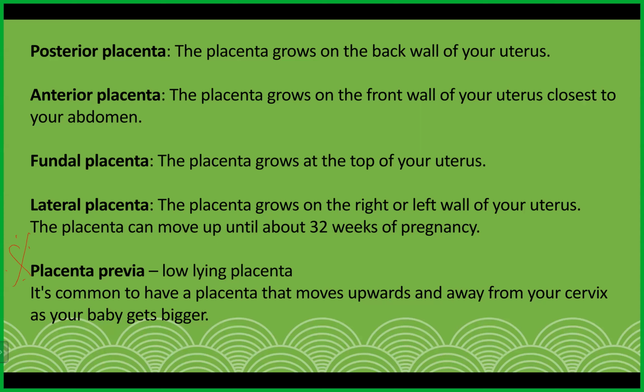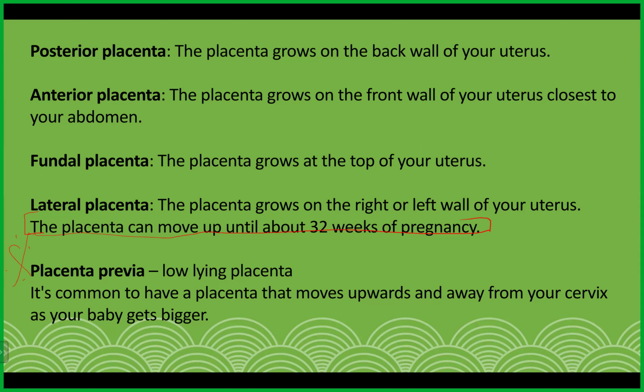If you can see, I've mentioned the point that the placenta will move up until 32 weeks of pregnancy. If you remember, I had told you in the previous slide that breech is also not contraindicated for us. A normal vaginal delivery is possible in breech till the 32nd week of pregnancy if it doesn't rotate. To make it clear, inside the uterus, with physio management, we can make the baby rotate.